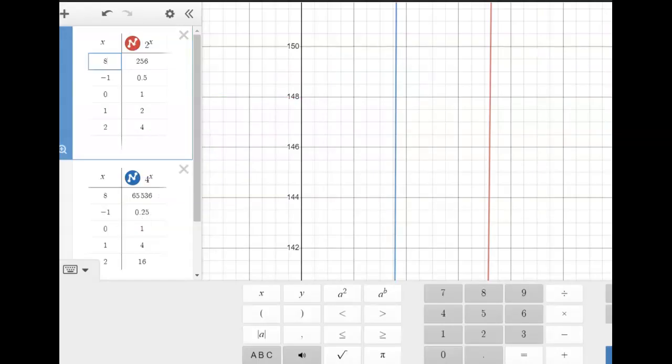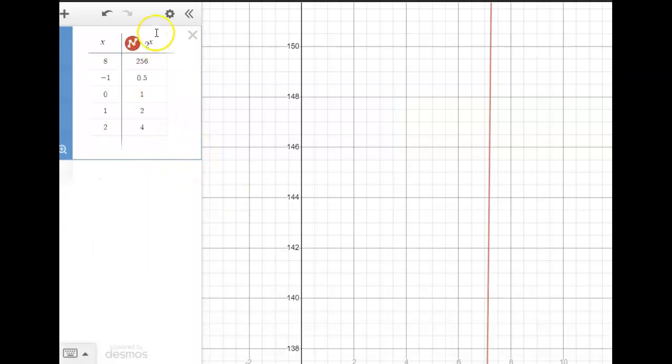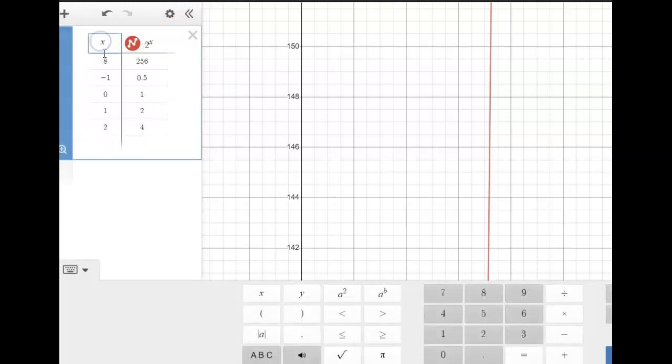All right, so I want to show you something before we move on. So we're going to take this graph out. I'm going to graph it again.